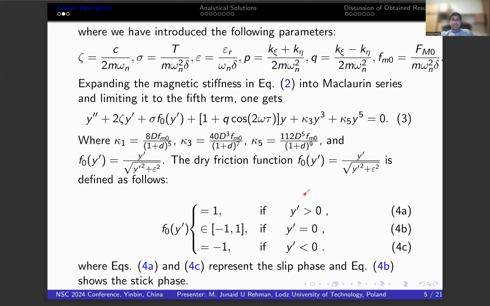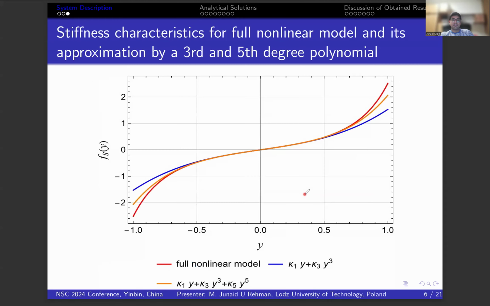Here, the dry friction term we have denoted F naught of y prime, defined in equation number 4, where we have used a signum function as dry friction. And here we have the stiffness characteristic for the full nonlinear model and its approximation by third and fifth degree polynomials.